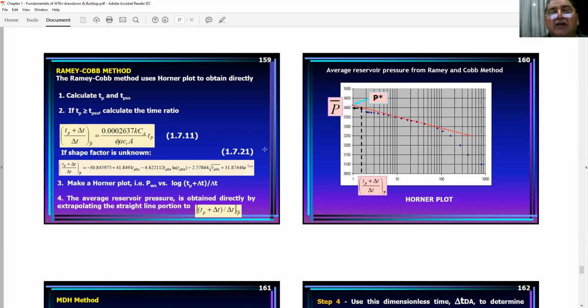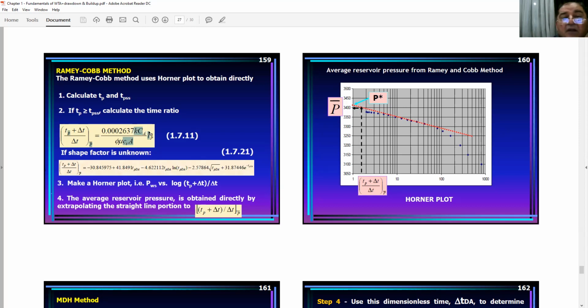Dimensionless production time, calculated based on your production time TP. If you know your shape factor, of course, you can get it, put it here, together with the area, and use TP. So you have two options.